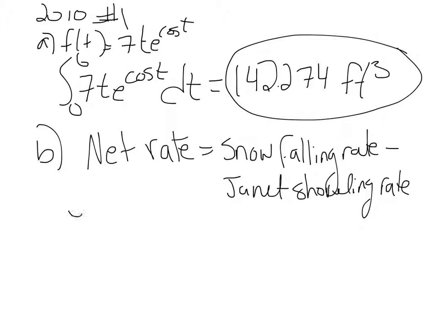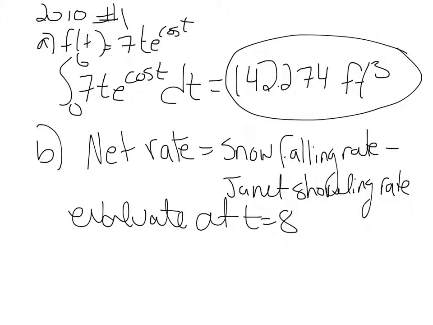And we evaluate at t equals 8 because it's at 8 a.m. So all I have to do is do 7 times 8 e to the cosine of 8 minus, now if I look at Janet's piecewise function, it says her rate is 108 between 7 and 9.